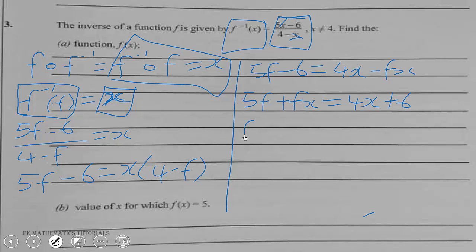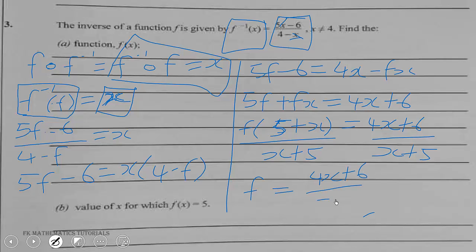So I'll factor f. I'll be left with 5 plus x inside is equal to 4x plus 6. So dividing through by x plus 5, we come up with f, which is the function. So f is equal to 4x plus 6 over x plus 5. So that is f of x: f of x equals 4x plus 6 over x plus 5, where x is not equal to negative 5.